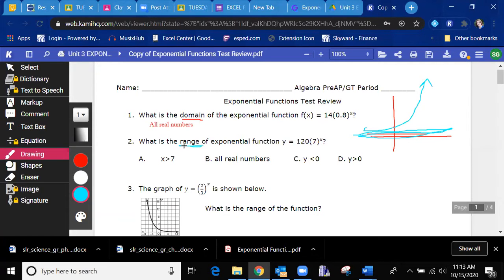How far up does it go? Forever. And so where does it start? At 0. It starts at the 0. And then does it go up or does it go down? Does it go greater? Down. Less. It's going down. Oh, no, it's not.